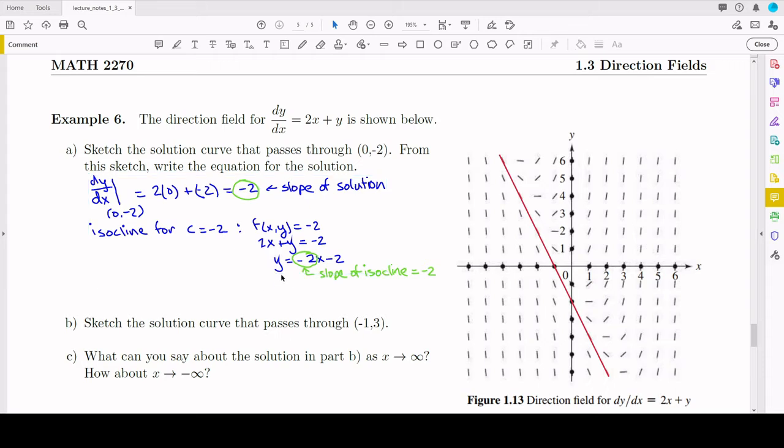So right here. So that is the solution of our differential equation with initial condition 0, negative 2.